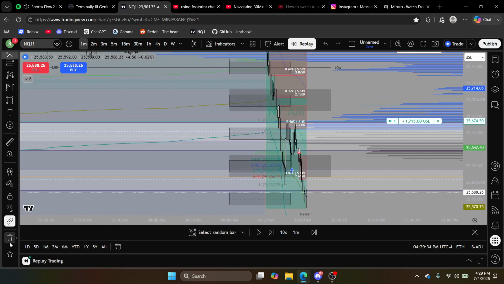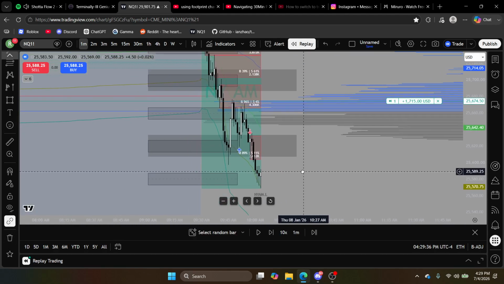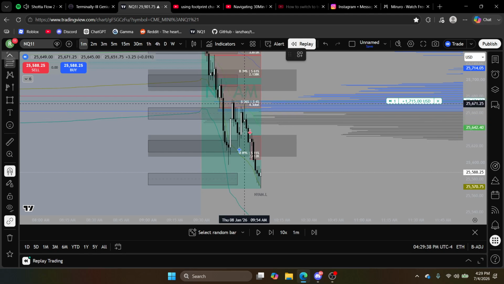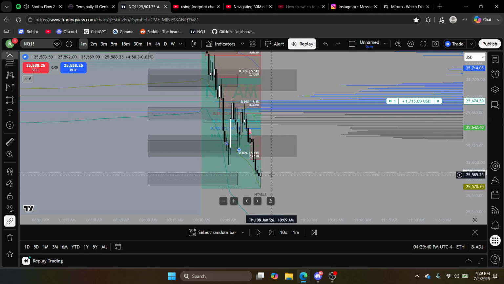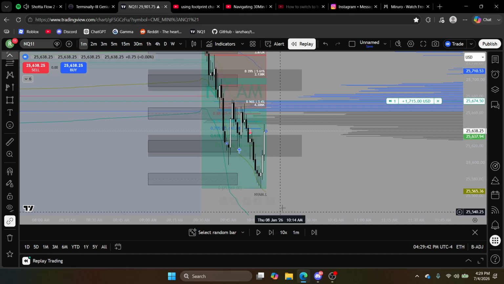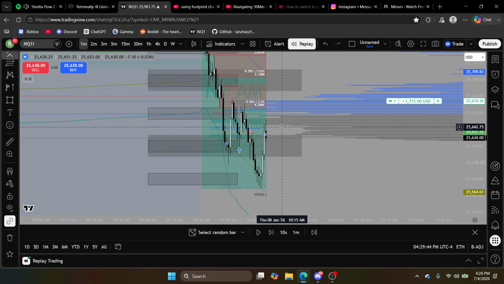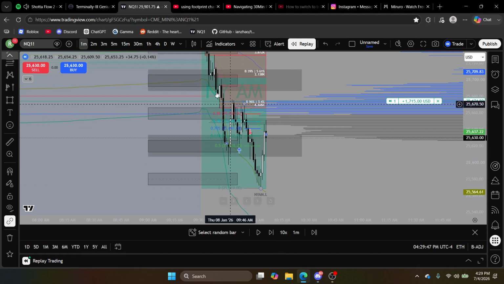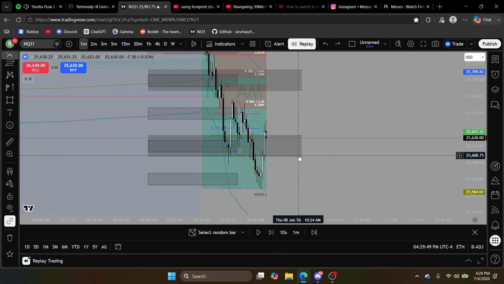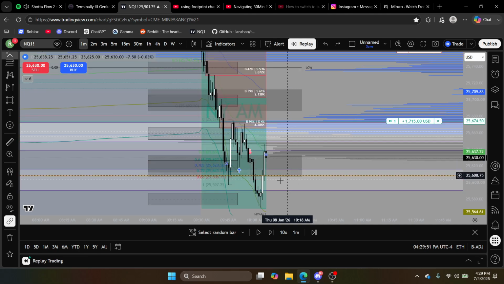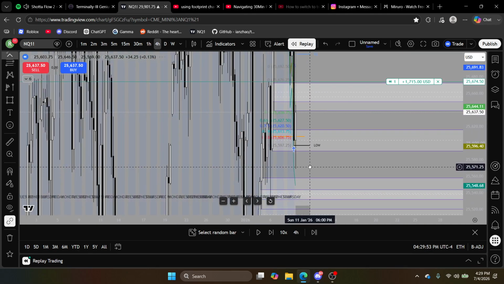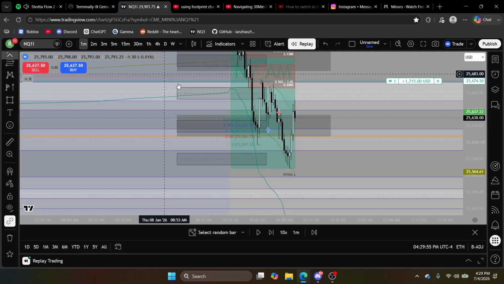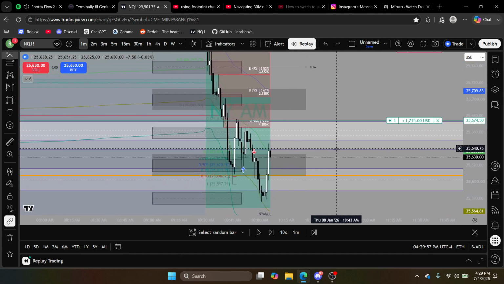Break even on that trade. Did we hit anything of importance? That's the question. 4-hour rejection block. I can see that. We're definitely very bearish.